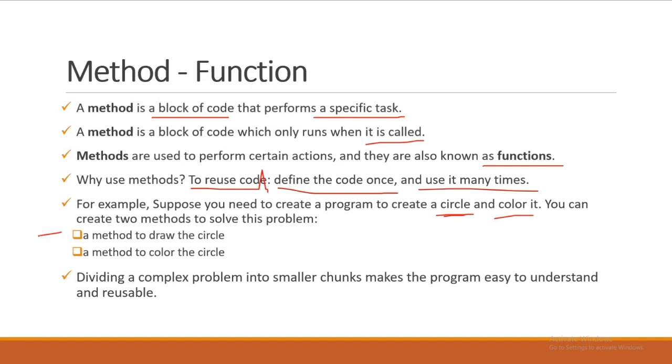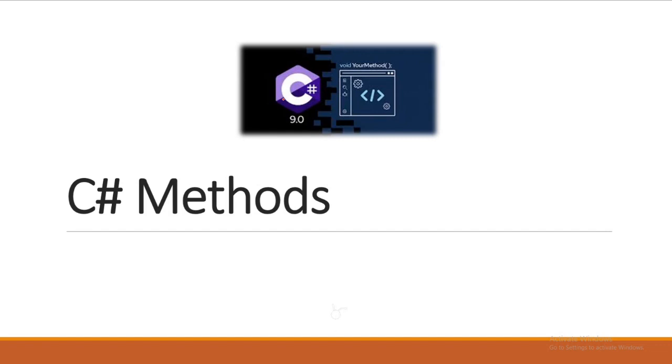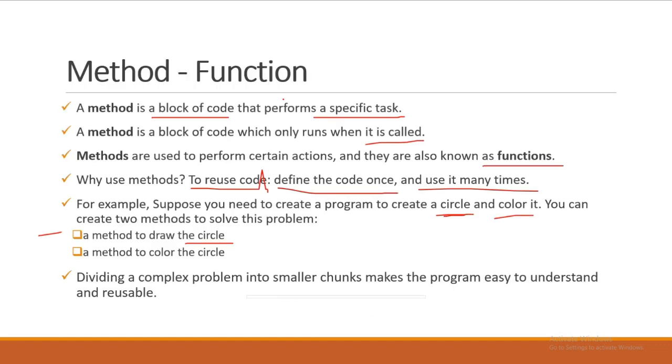The first method or function will draw a circle with a different size of diameter, which you can send as a parameter.